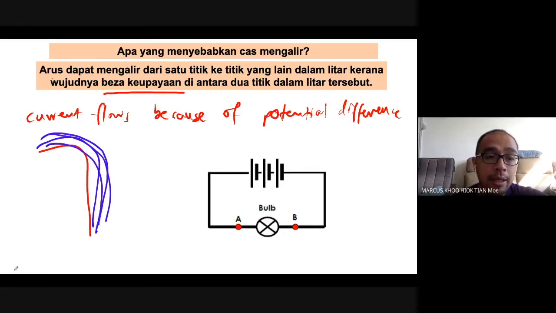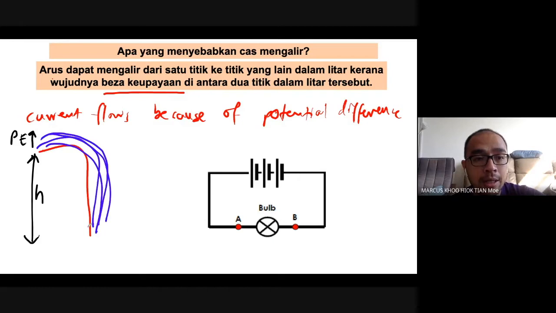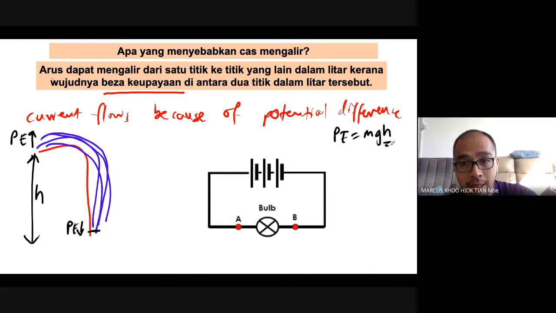And in terms of potential energy, because there is a certain height, over here you have potential energy which is high, whereas down here you have potential energy which is low. If you remember, the formula for potential energy is mass times gravity times height. The bigger your height, the bigger your potential energy.